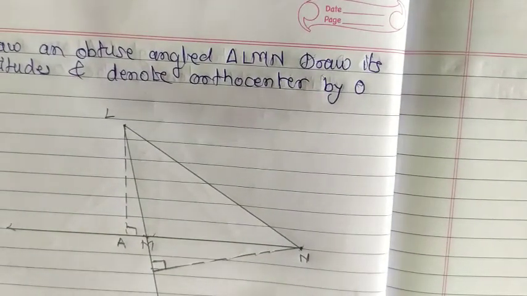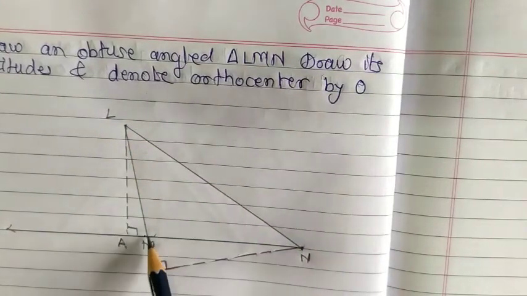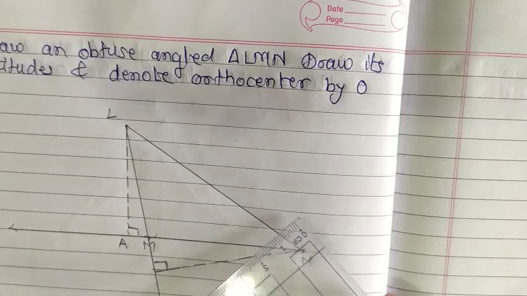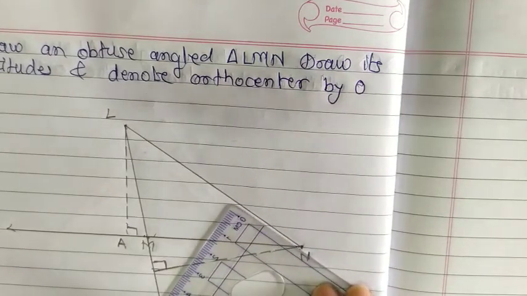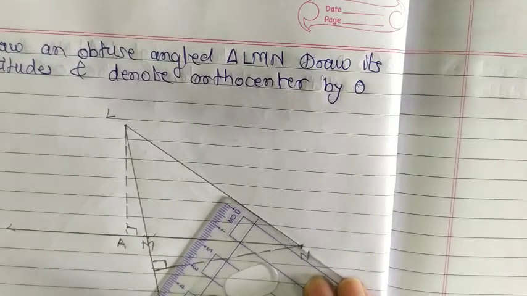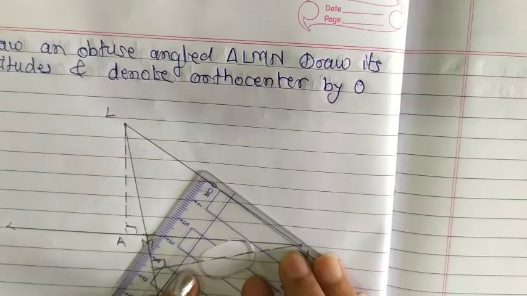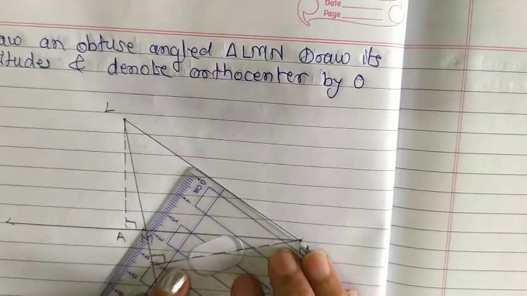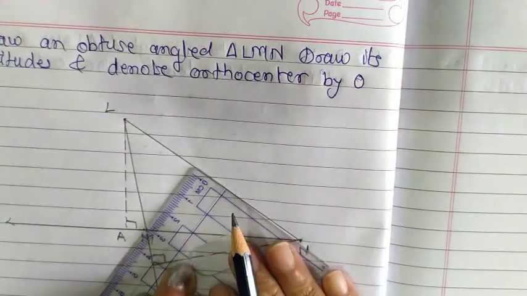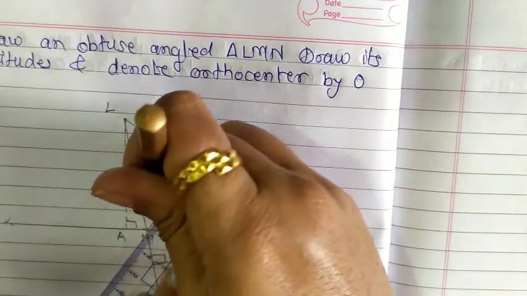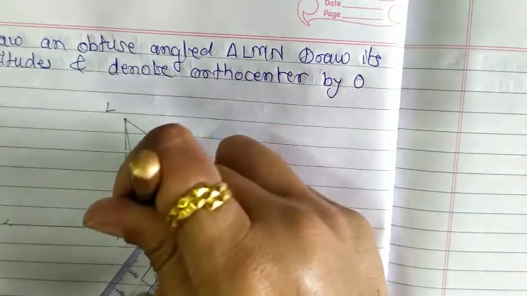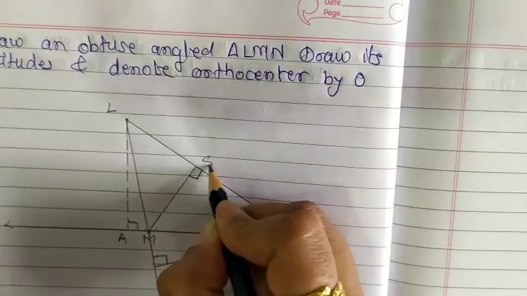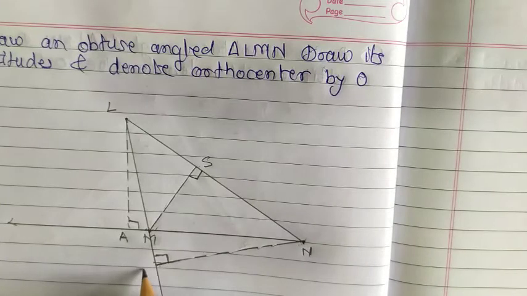And the third altitude: the base is LN and the opposite point is M. Hence again put the set square on base LN and move toward the point M. So this is the third altitude, MS, and from N it is NP.